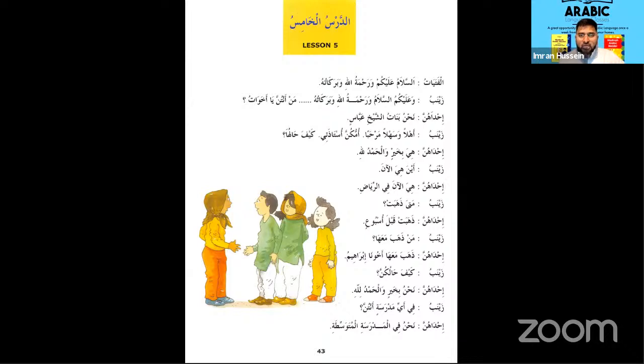Remember last week I spoke about iyyaka na'budu wa iyyaka nasta'in. Iyya is the same word as ayy, but they changed it to kasra. It means you alone we worship. All objects of a verb get a fatha.